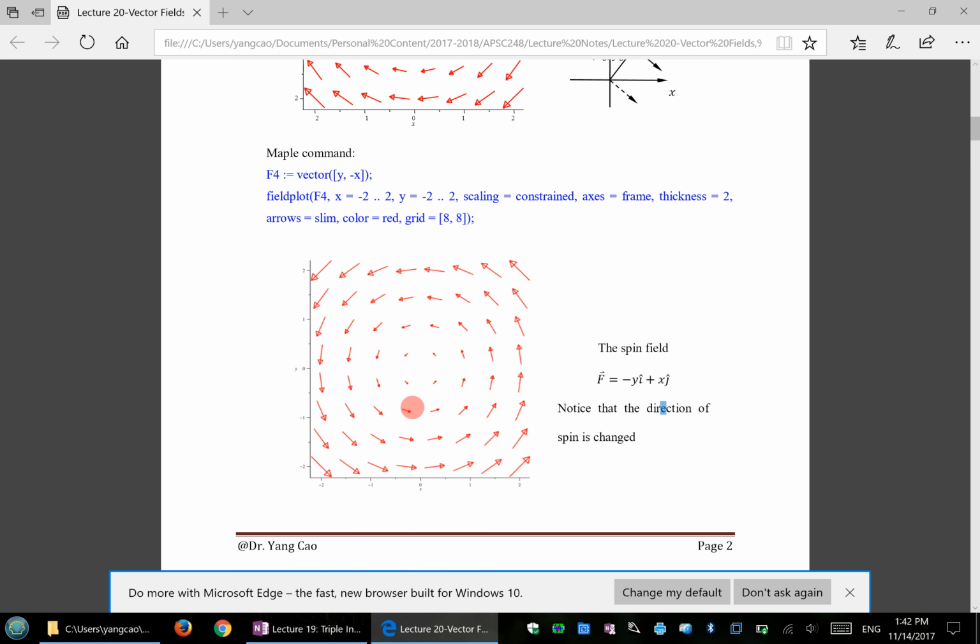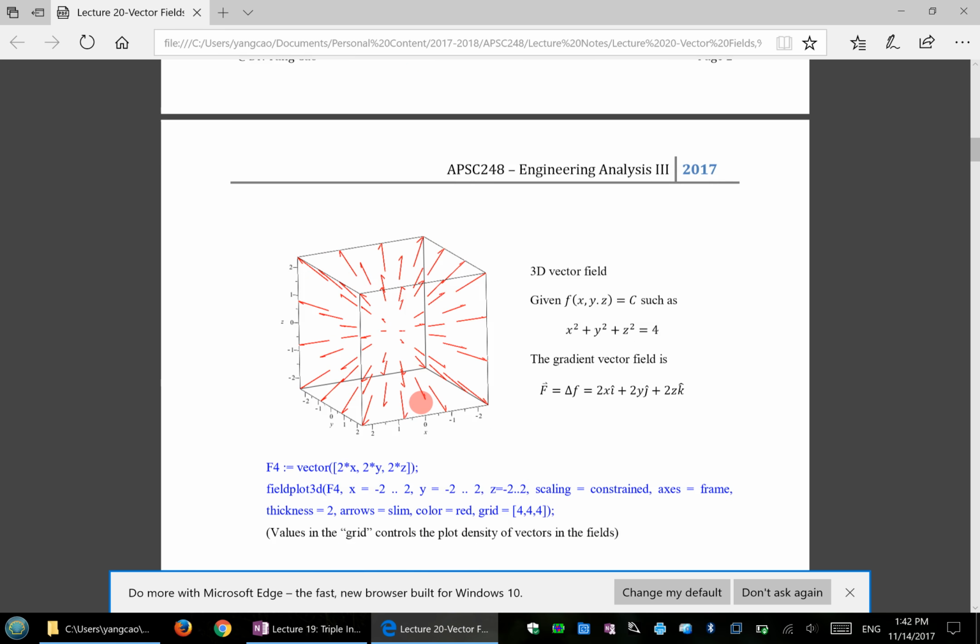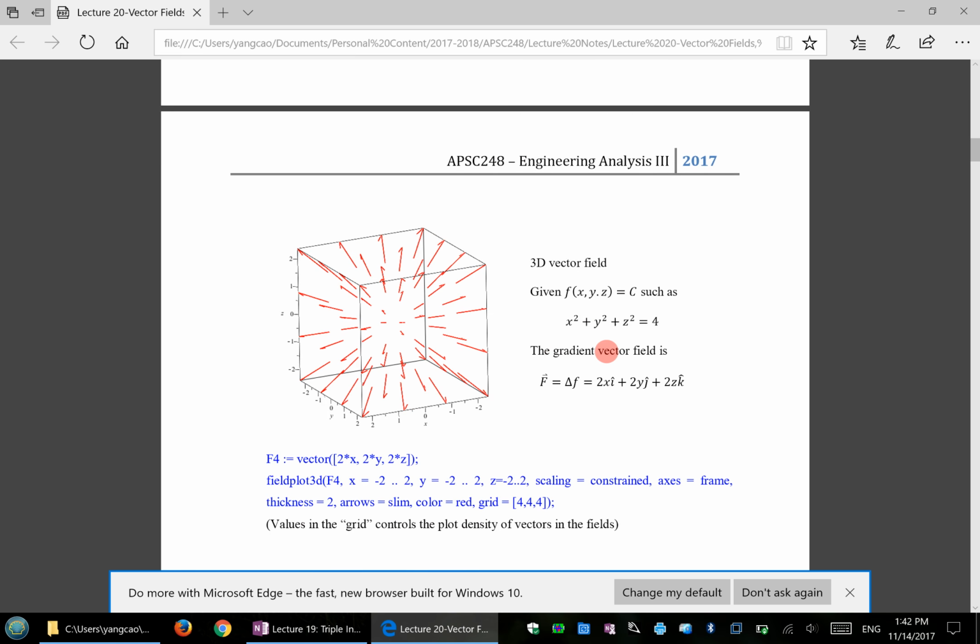So these are 3 examples for 2D vector fields. We can also have a 3D vector field. Let's say, for example, f of x, y, z equals c, where x squared plus y squared plus z squared equals 4, and that's a sphere, right?